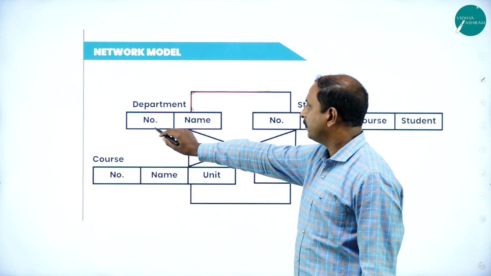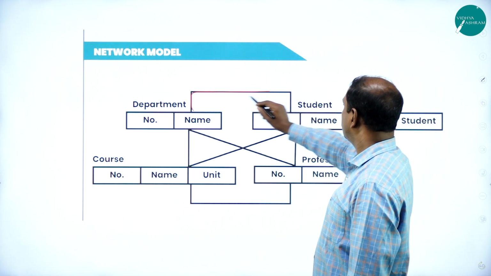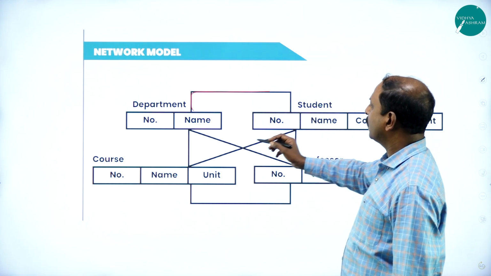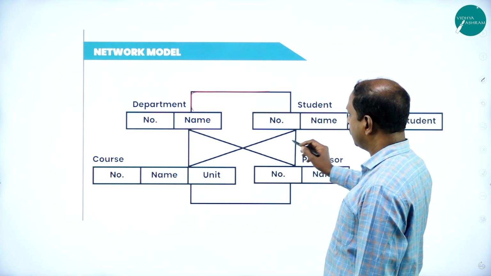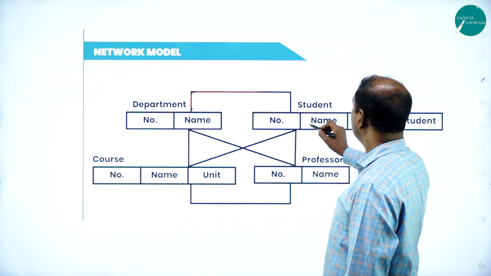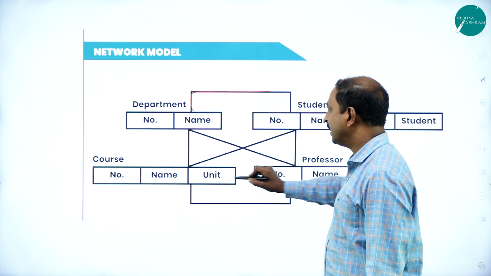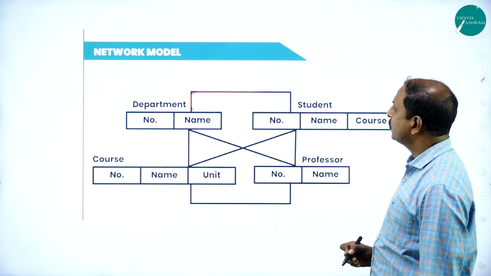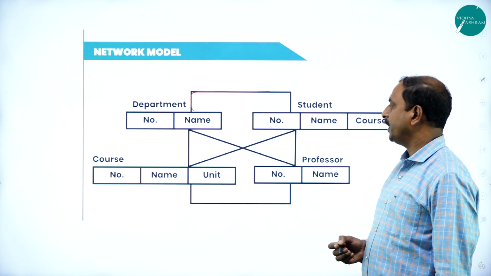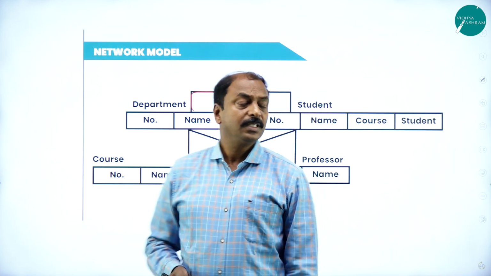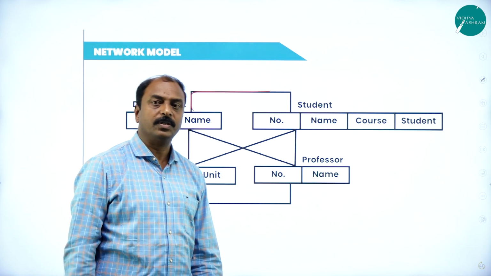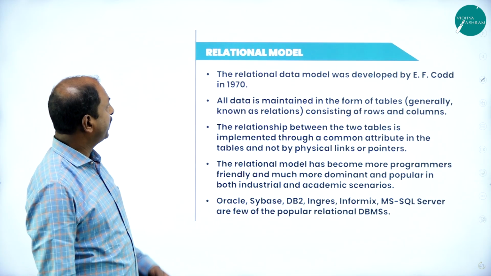So department number, department name, and the student number, and again the course he has taken. If you observe this here, all these are connected or interlinked through links. So this is an example for network model. This is one more model, that is network model. Now let us move on to next slide.